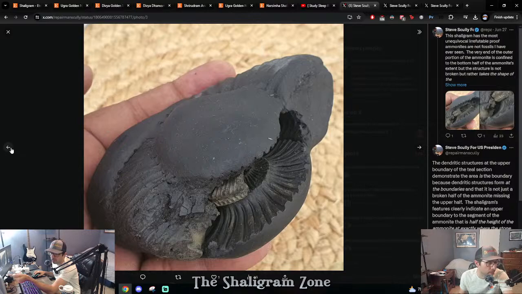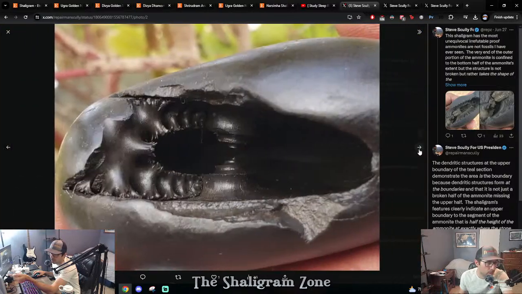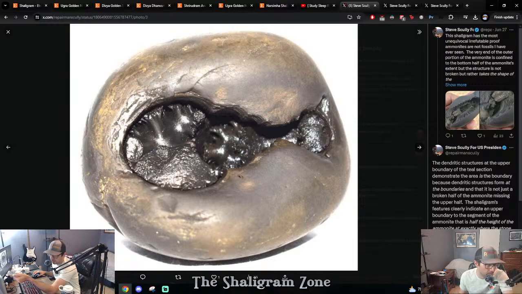What just happened? Like that, like this. This is the innards, smooth, kind of just curved surface that then branches off to dendrites along the boundary.